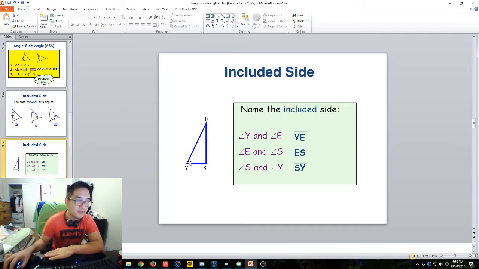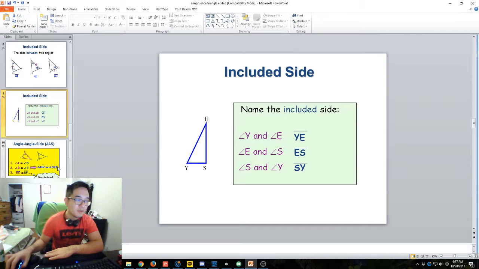If the two angles you're showing are Y and E, the side YE right here has to be shown congruent. If you have two angles given, angle E and angle S, side ES needs to be shown congruent. If you have angles S and Y, then the side SY, or you can read it as YS, order does not matter, but that side has to be shown congruent.